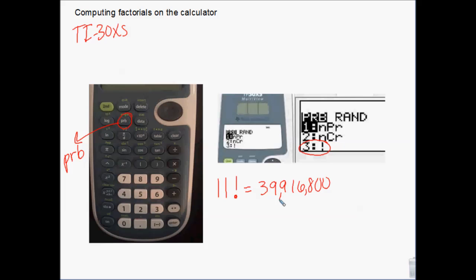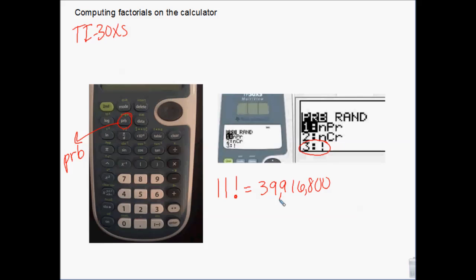On an iPhone, or probably any Android, if you turn your phone sideways, you get the scientific calculator. And on this side over here, there's X with an exclamation point. So you'll put in your number and then hit that button and you get the same answer.